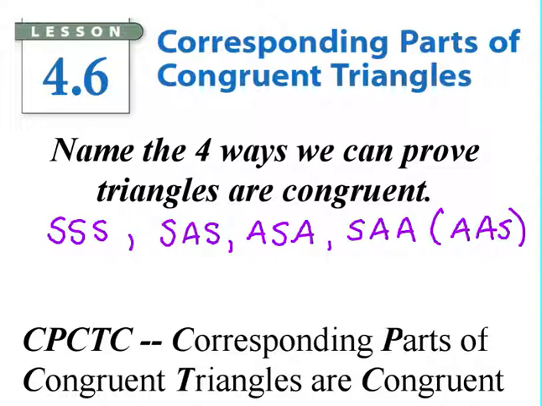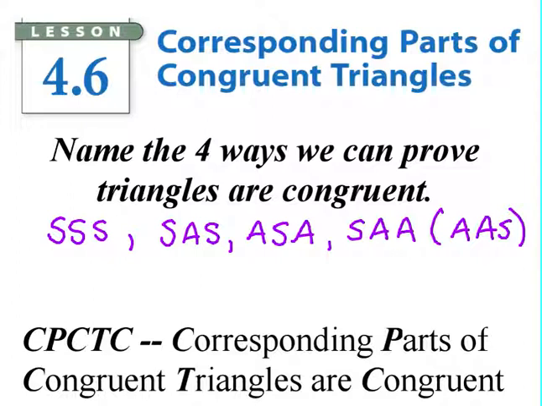Now what this means, it says corresponding parts of congruent triangles are congruent. So do you see where the CPCTC comes from? Basically, if you show that 2 triangles are congruent by SSS, SAS, ASA, or SAA, that means that every part of the 2 triangles are congruent.